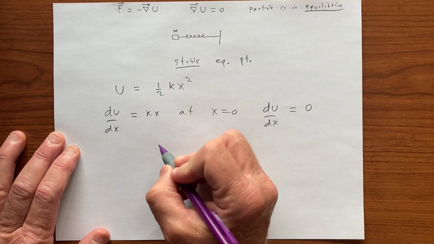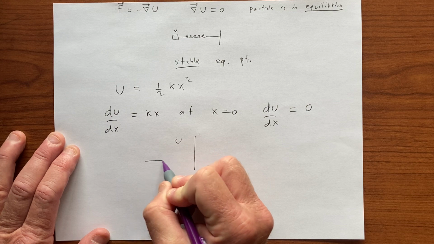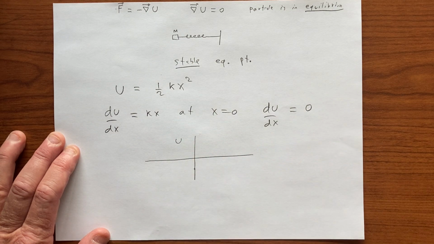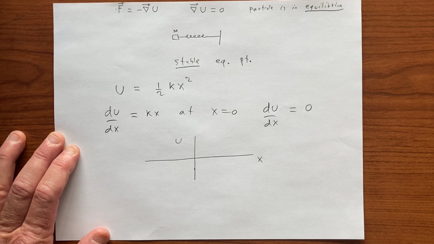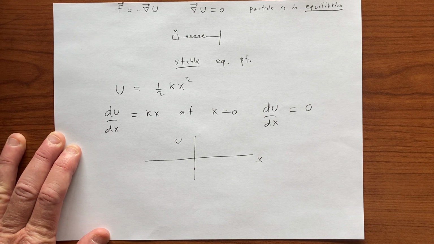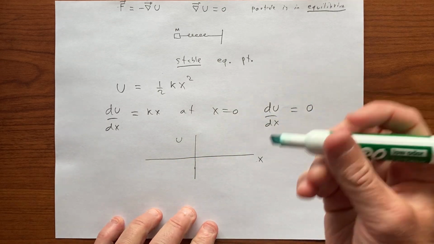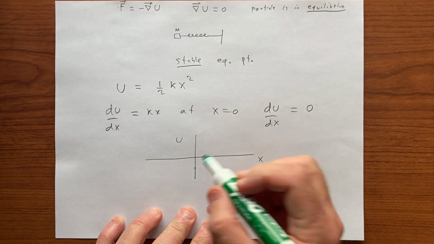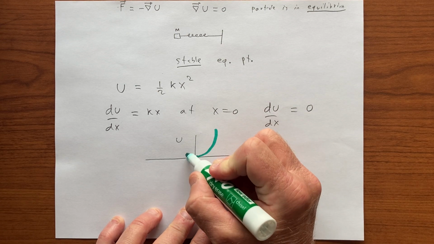But notice also, let's plot U as a function of x. Can't find my regular marker, so let's just use this. So it looks something like that.